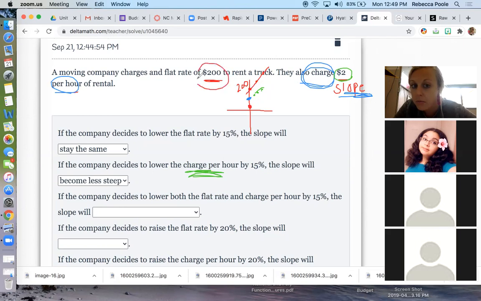No. If we lower the $200, the original charge, that has nothing to do with the slope because the slope is the charge per hour. So lowering the flat rate doesn't matter, but it also says we're going to lower the charge. So if I lower that slope also, it's going to become less steep if we lower it.